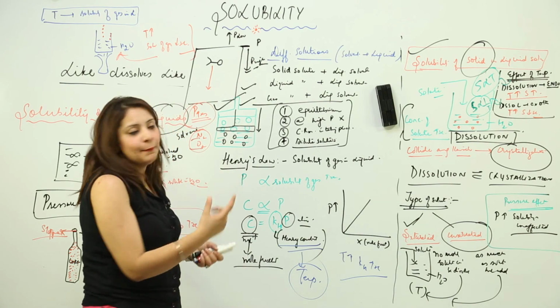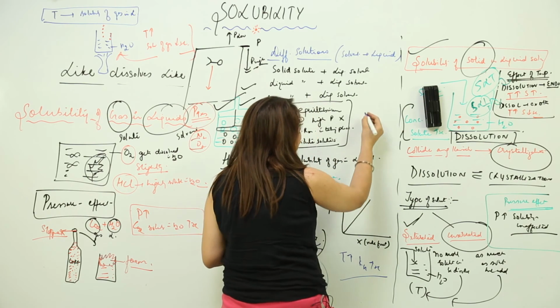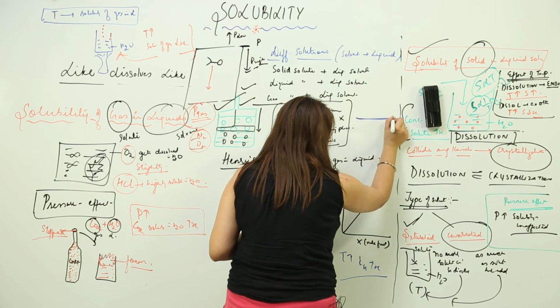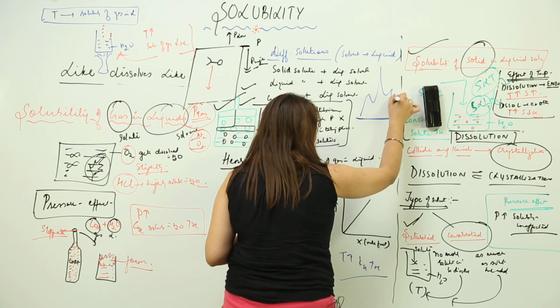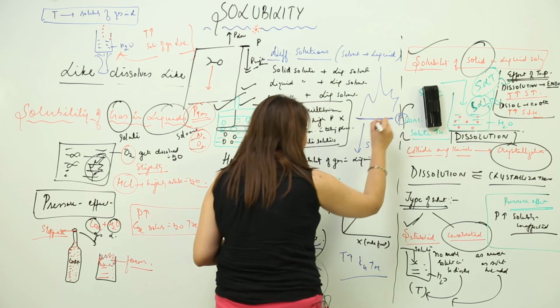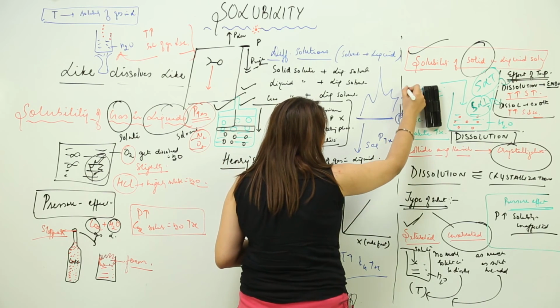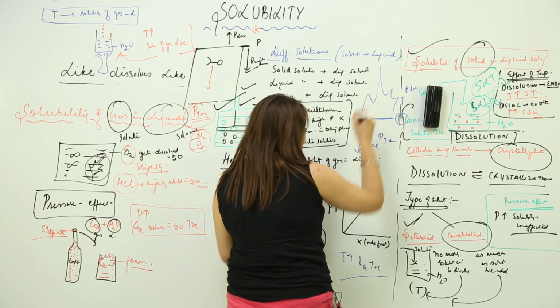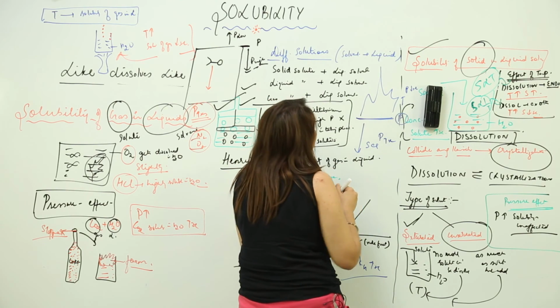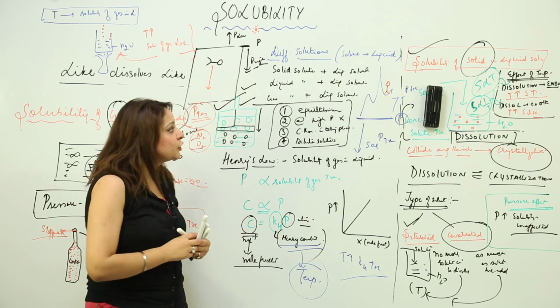Now one more application is when climbers climb mountains. So let us see, these are mountains, this is a sea inside, and this is the normal pressure. We know that when we go down the pressure increases and when we go up the pressure decreases. Suppose here is my climber, going up the mountain.